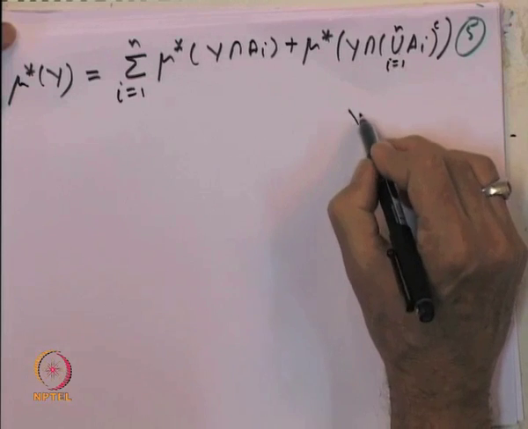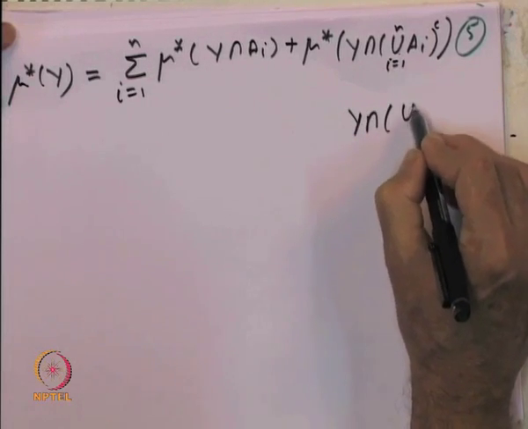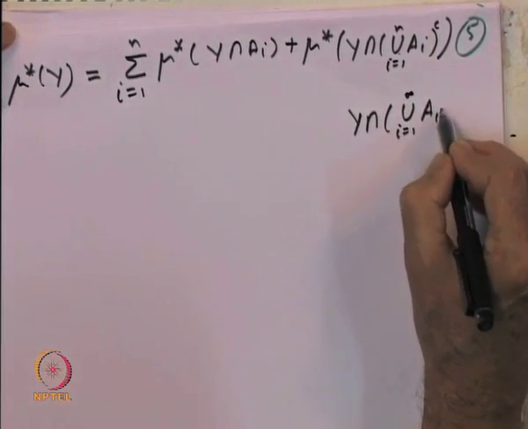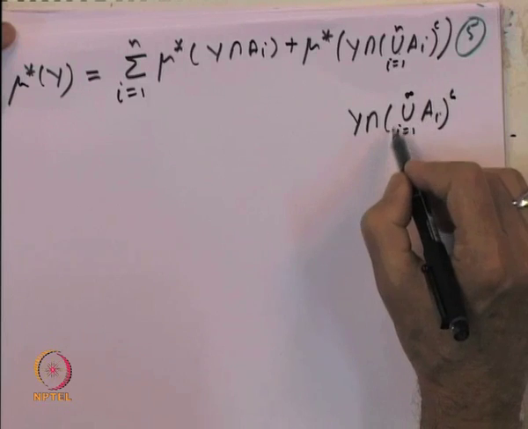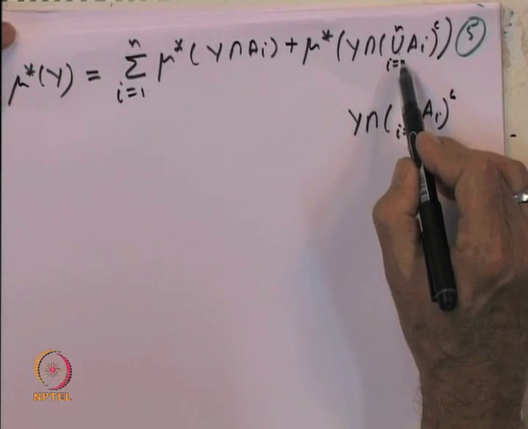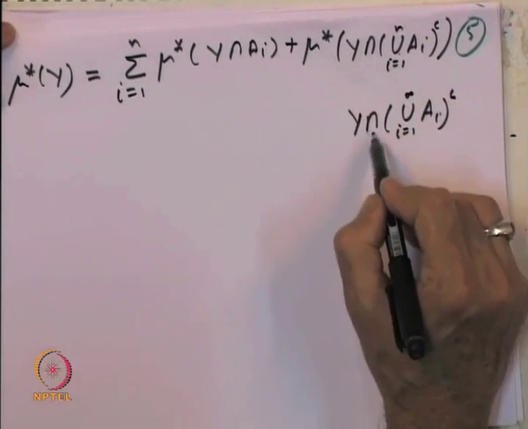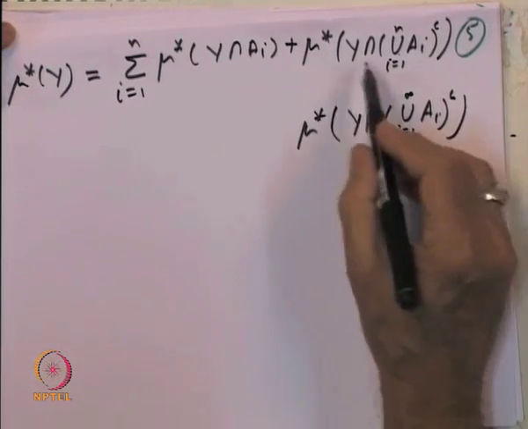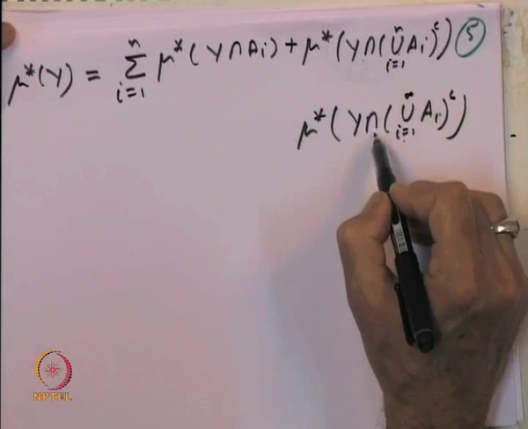So, if I replace this by y intersection the complement of the union i equal to 1 to infinity of A i, this set is smaller than that set. So, mu star of this will be smaller than mu star of that, so this term is bigger than this term.